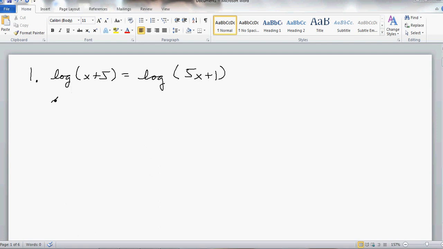So this becomes x plus 5 equals 5x plus 1. We subtract x from both sides, subtract 1 from both sides, and divide both sides by 4, so that x equals 1. It does not take much to plug this in and realize that x equals 1 is a fine solution here.